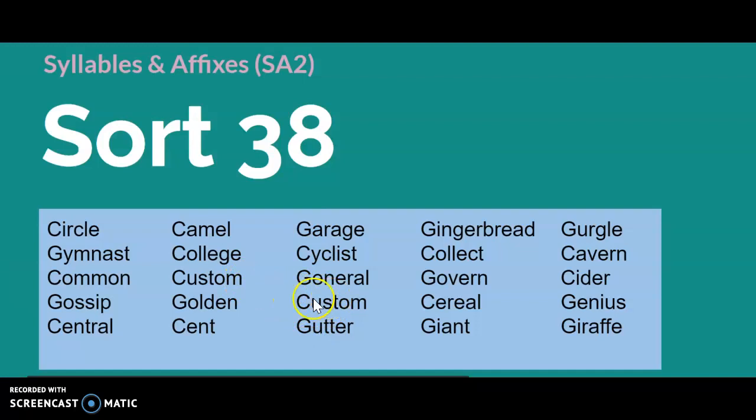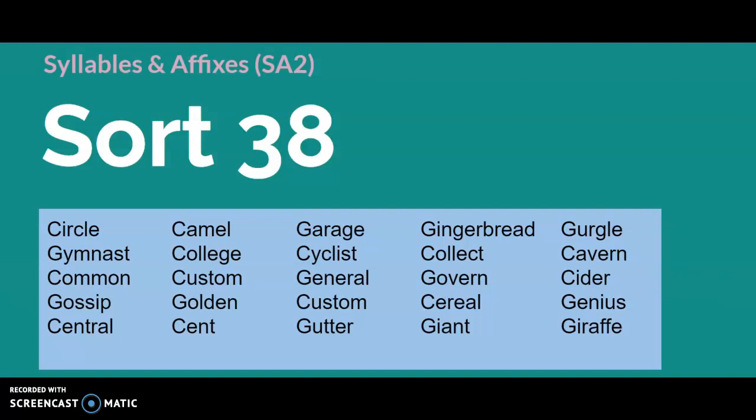Oops. Must be very important. Common, again, 2 syllables. Are there any 1 syllable words on this list? Wonder if you can spot it. That's it, cent. That is a 1 syllable word, and it's another word for a penny or 1/100th of a dollar in our money system.